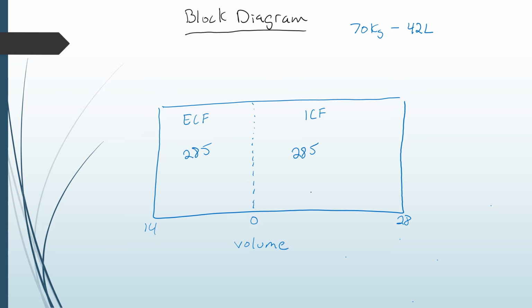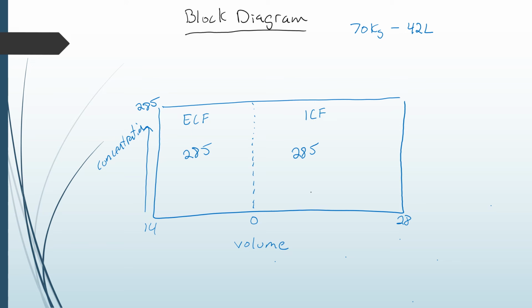The y-axis over here, moving in this direction, represents concentration. Concentration is in milliosmoles. So the top point right here would be 285. That represents 285 milliosmoles.